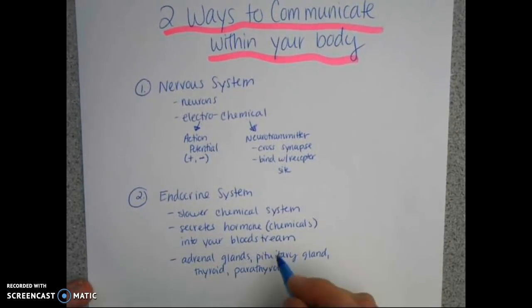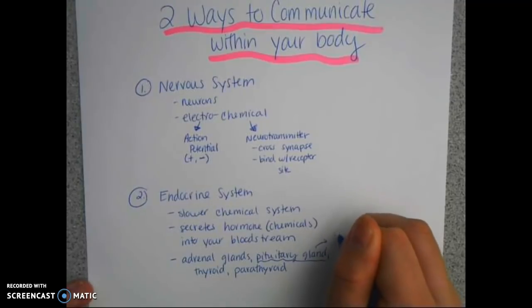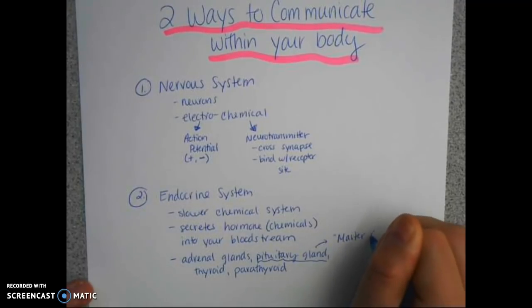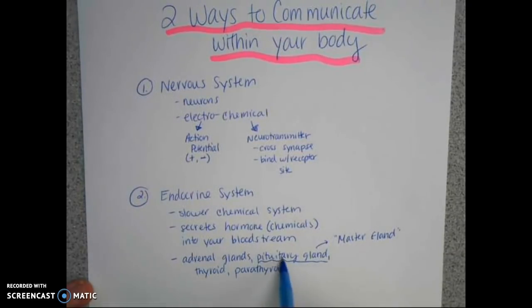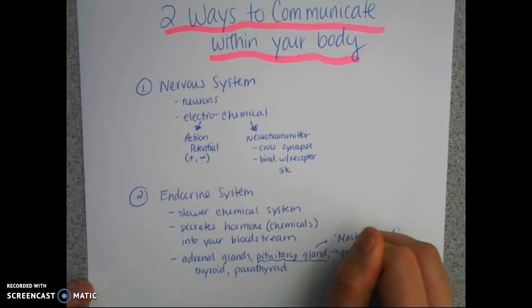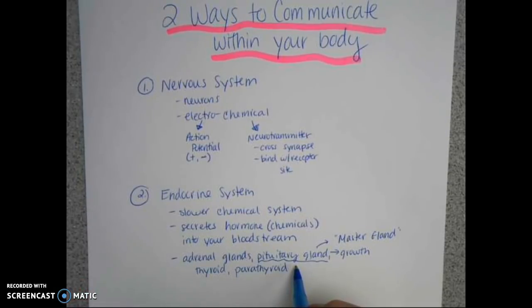So one of the most important things I'll just emphasize right now is the pituitary gland. This is considered the master gland of the endocrine system. So this gland controls all the other pieces of the endocrine system. So that's why it's considered the master gland. It is also in charge of growth, right? So it will secrete hormones that are evident when you are growing.